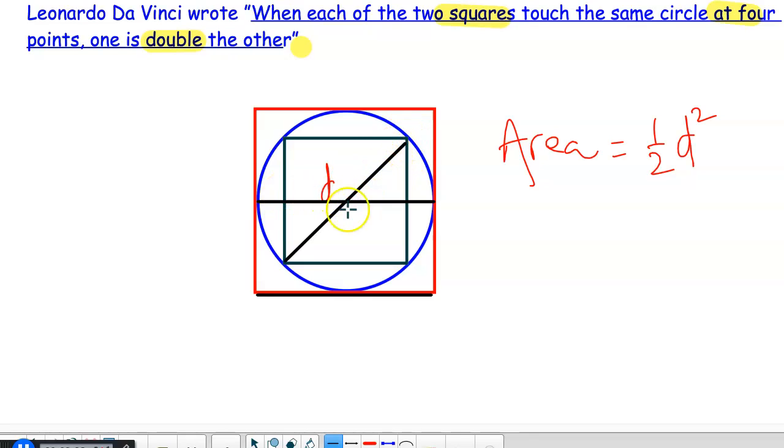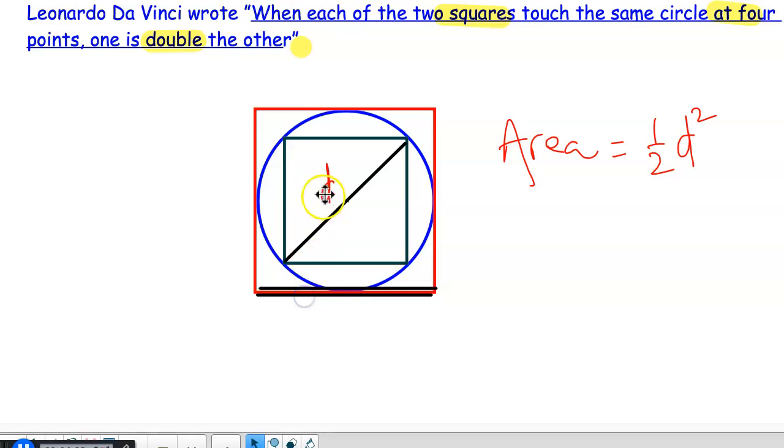So the diagonal of the inner square is the diameter of the circle, right? And if you pay further close attention to this, you are going to see that this diameter is also the side of the square, the side of the outer square, in fact.